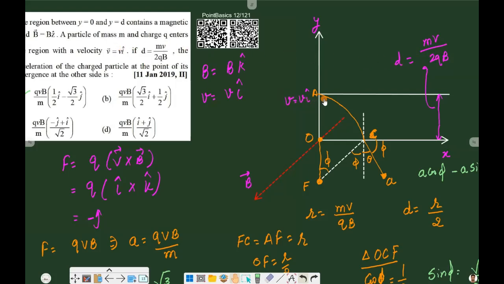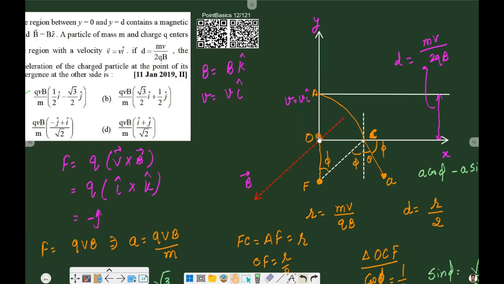In the question it is not mentioned at which point the charged particle enters. It can enter anywhere between O and A, and depending upon where it enters, the components of acceleration will change. Magnitude will stay the same. The angles theta and phi will change depending upon the place where it is entering.